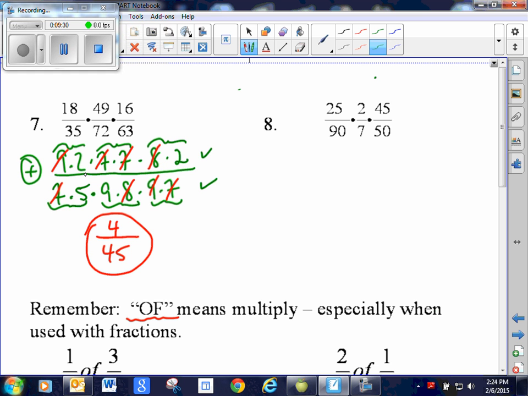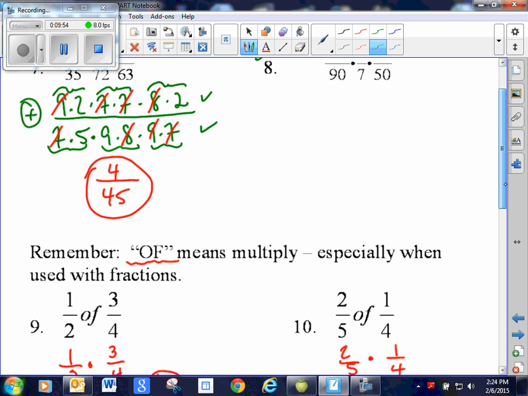I'm done. I got to put it back together. 2 times 2 is 4, and 9 times 5 is 45. And that didn't take any time at all, and we had no numbers bigger than a 9 in our numerator and denominator. I want you guys to do number 8 on your own. You can either pause the video now and work it now, or do it at the end.